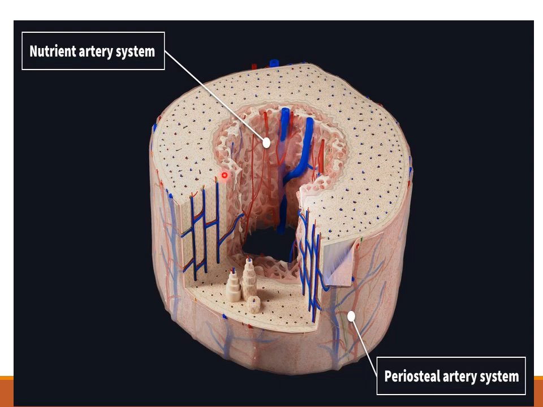And here is the area which I am saying again and again, between the compact and spongy bone, that junction, the juxta-endosteal zone, where the nutrient artery divides into the ascending and descending branches, and then further into the central and cortical branches.